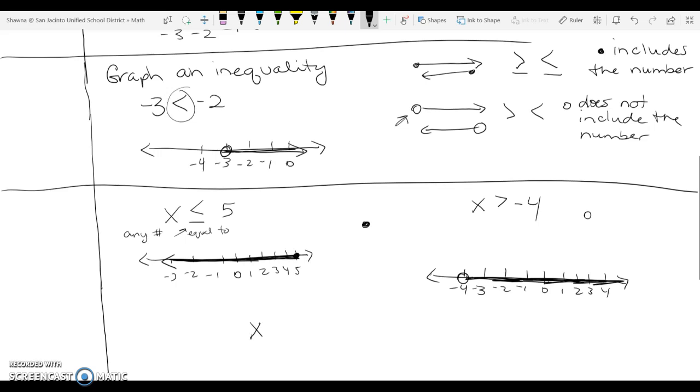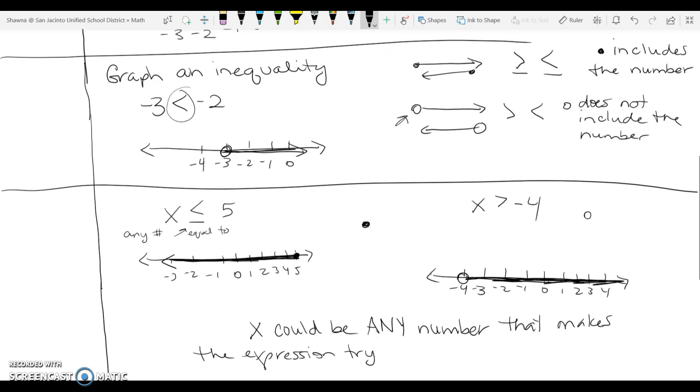X could be any number that makes the expression true. Not try, true.